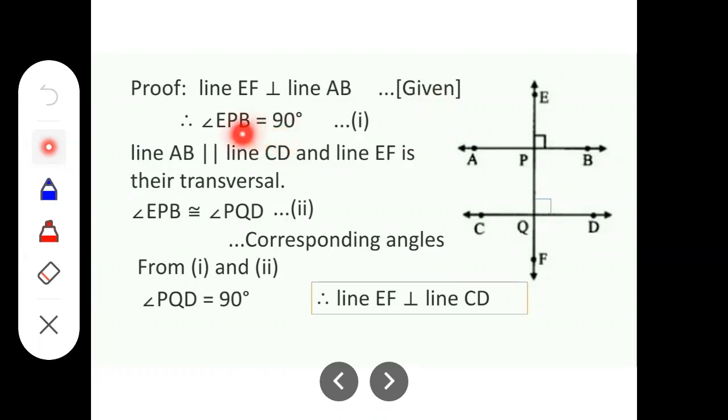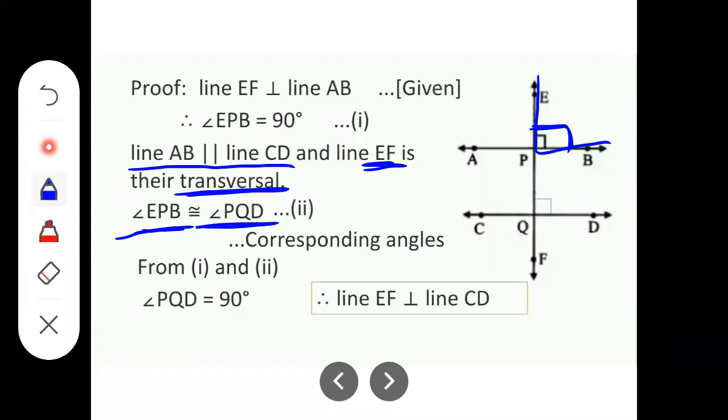So angle EPB, that is given 90 degrees. Okay, so if those two lines AB and CD are parallel and EF is their transversal, then angle EPB is congruent to angle PQD.